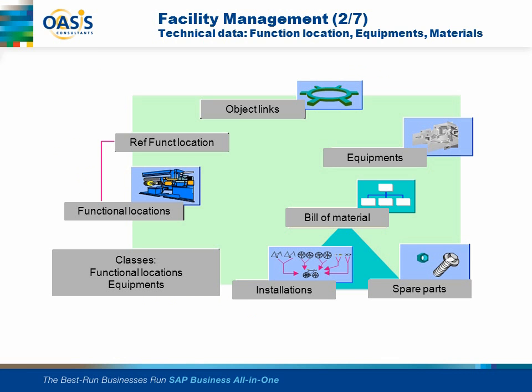How is that organized? For example, I come back to IT equipment that you want to install in a room. The IT equipment can be a PC combined with a beamer. So basically you have an object being IT material. The equipment will be the PC on one hand, and on the other hand the beamer.